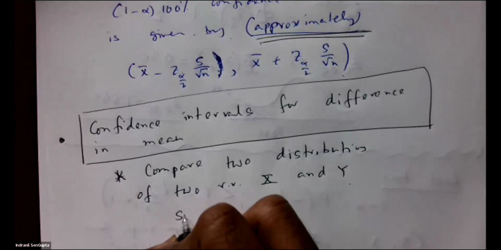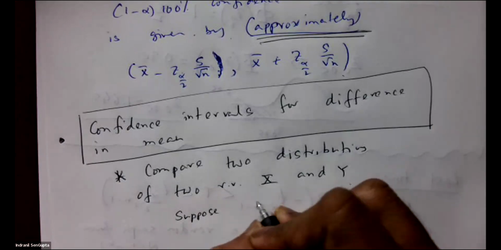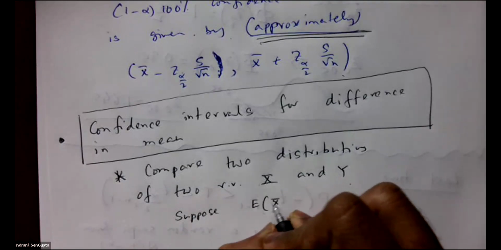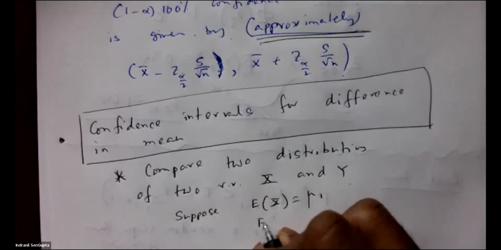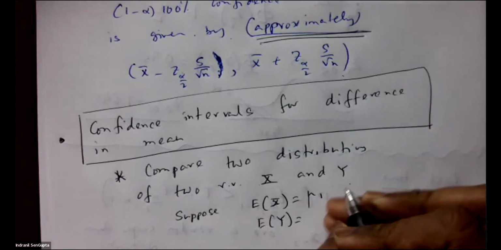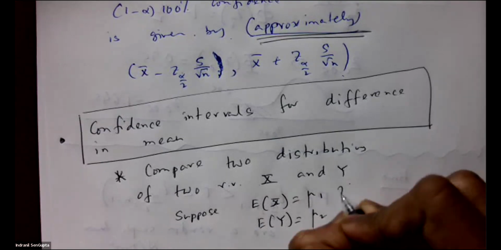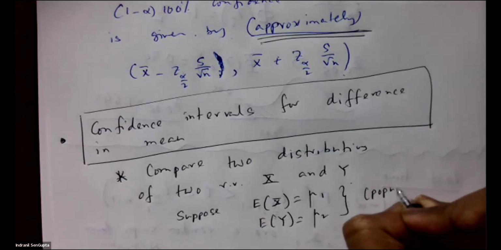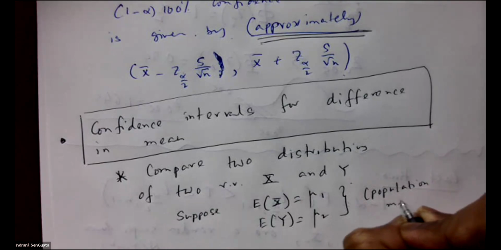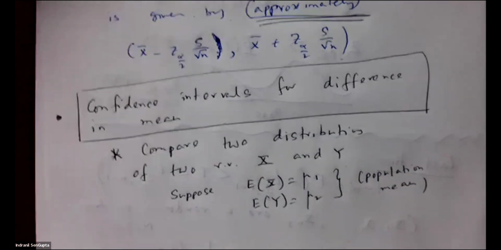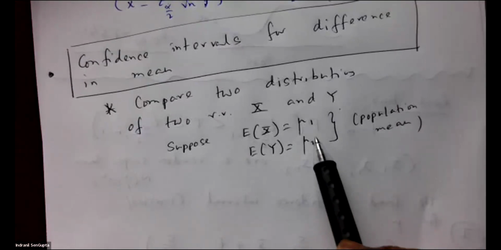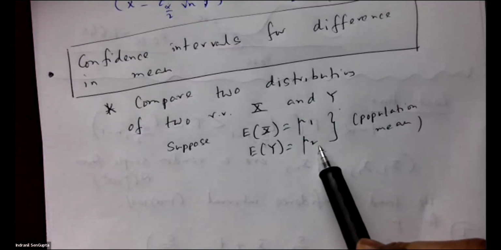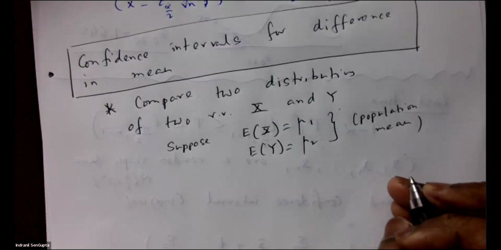So suppose the expected value of x is mu1 and the expected value of y is mu2. These are the population means, meaning that this is the exact mean. The mean for the first distribution is mu1 and the mean for the second one is mu2.